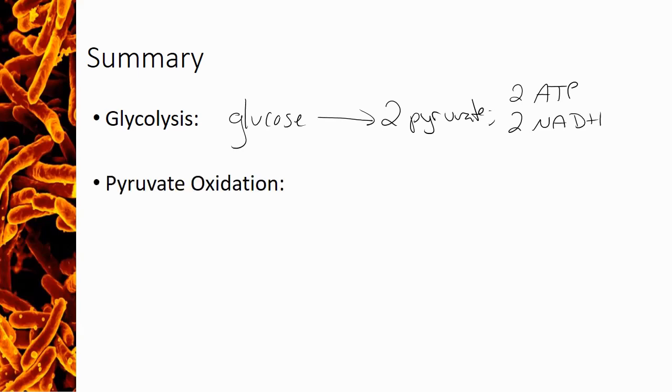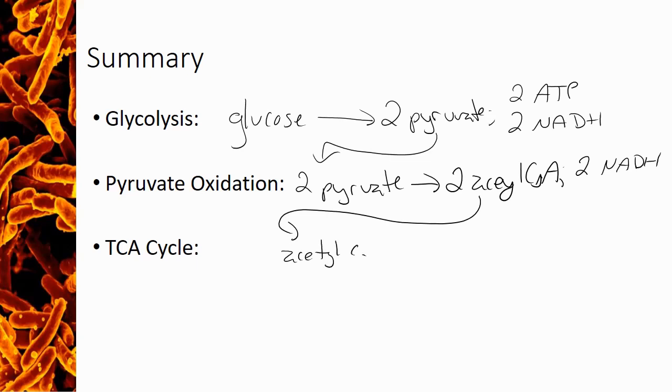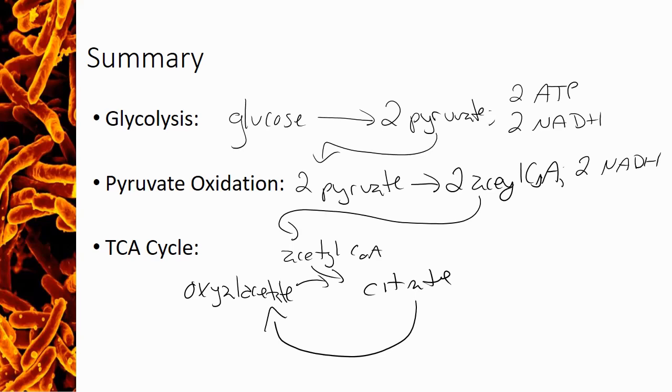The pyruvate then continued on into pyruvate oxidation, where they were converted to 2 molecules of acetyl-CoA, and in that process we made another 2 molecules of NADH. The acetyl-CoA then funneled into the TCA cycle, where it combined with a molecule called oxaloacetate to form citrate, which then continued around the cycle.